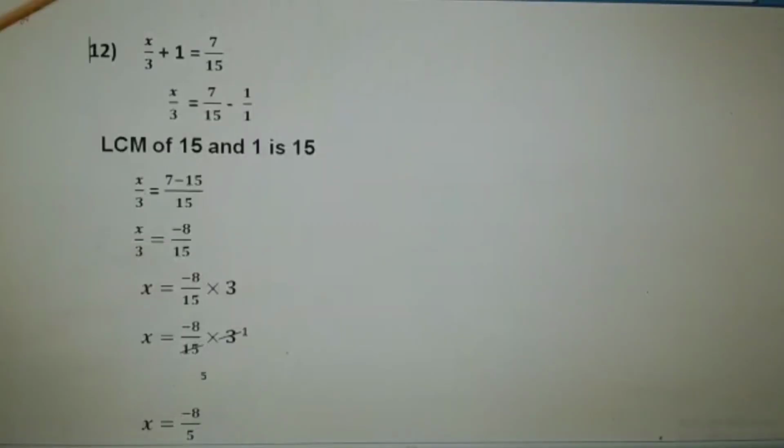12th question is x by 3 plus 1 equals 7 by 15. X by 3, take it to the left side of the equal sign. Plus 1 will become minus 1 on the right side. That is x by 3 equals 7 by 15 minus 1 by 1. Here a denominator is not there, so we can take the denominator as 1.